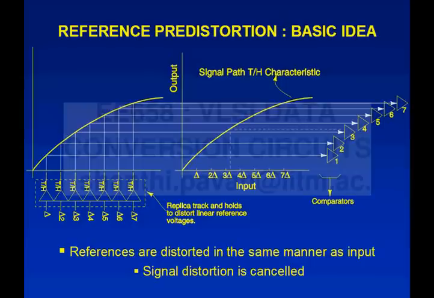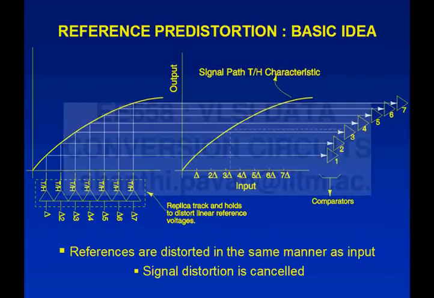If I took this set of linear references and passed them through these replica track and holds, the outputs of the reference generator would now be pre-distorted in this fashion. You can clearly see that the spacing between adjacent levels is decreasing, and if the input is between 3 and 4 delta, clearly the lower 3 comparators will fire. If the input is between 4 and 5 delta, the lower 4 comparators will fire, and so on.